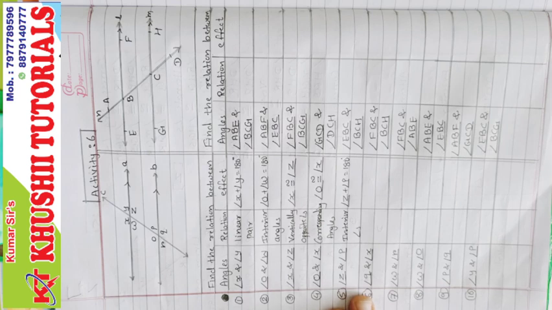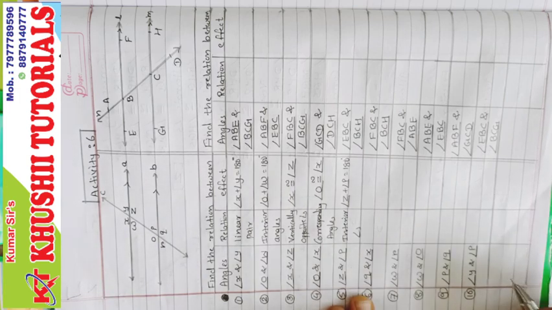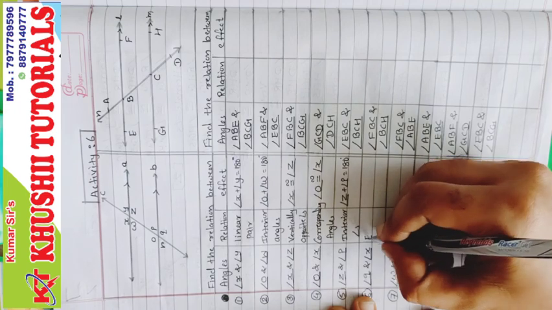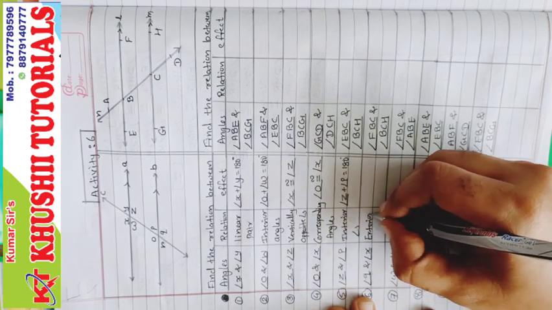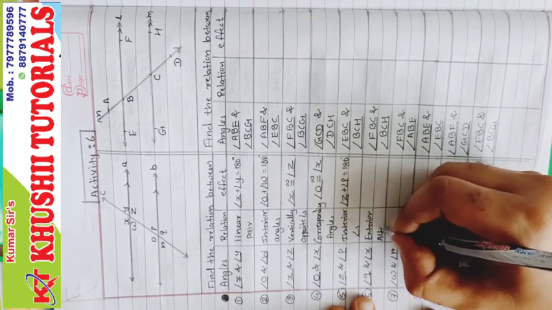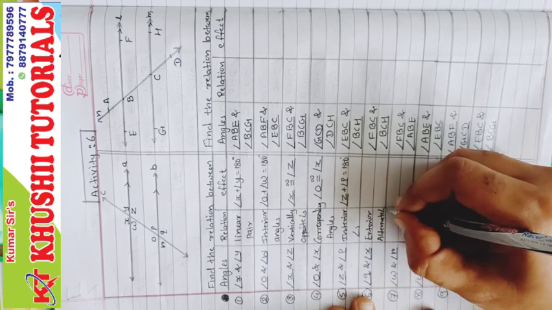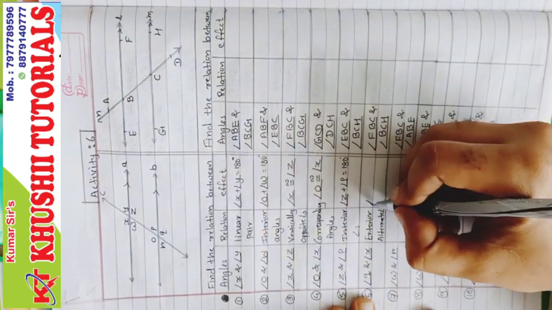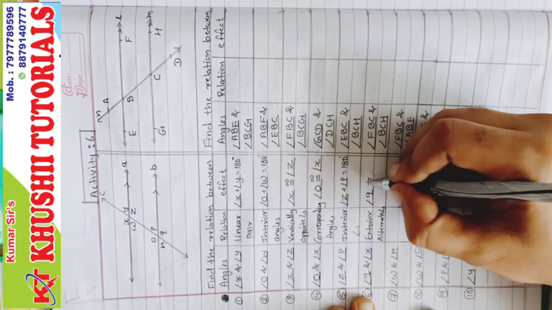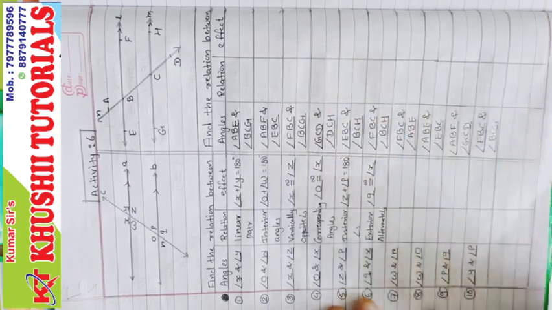Angle Q and angle X. They are in the exterior region, so they are exterior alternate angles, and exterior alternate angles are congruent. So angle Q is congruent to angle X.